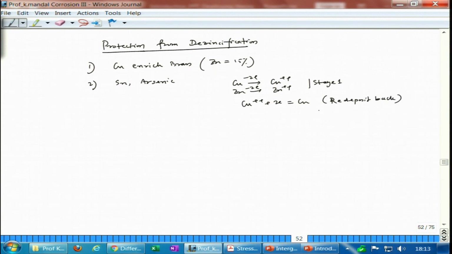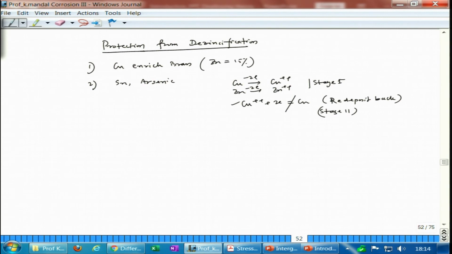So, this is stage 2. Now, if this is broken, then the first step cannot go on. Of course, zinc stays there in the solution and we have dezincification, but this arsenic forms a layer on top of the copper zinc alloy and then does not allow the second stage to happen. So, that is how it is protected.